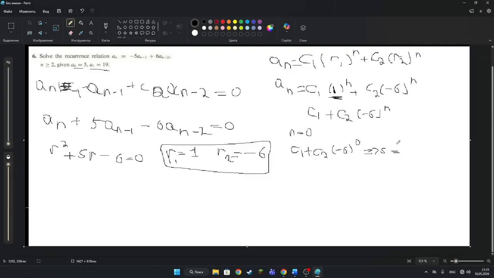So then 5 equals c1 plus c2. Same thing with the other one: if n equals 1, it's c1 plus c2 times minus 6 to the power of 1, it's 19. Then it's equal to c1 minus 6c2.